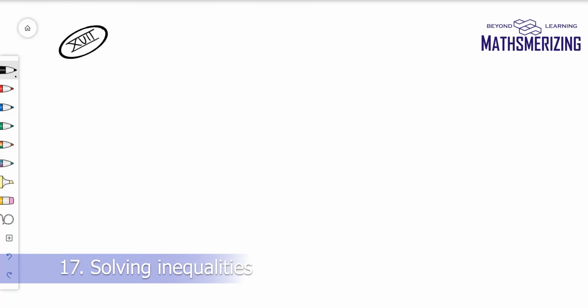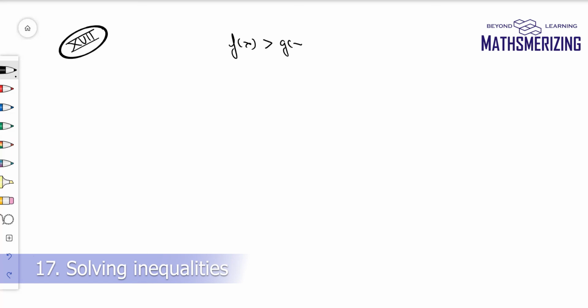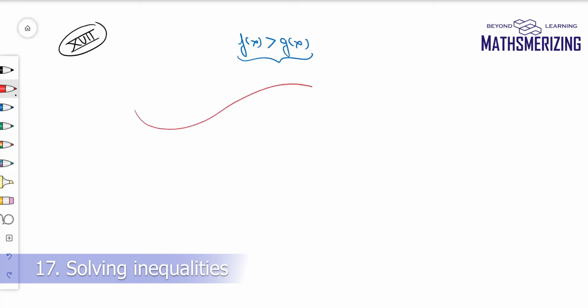Now the 17th application of graphs is the solution of inequalities. Suppose I have an inequality which says f(x) is greater than g(x). One way of doing it is to draw the graph of f(x) and the graph of g(x).